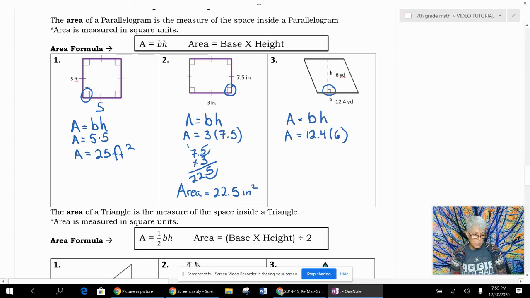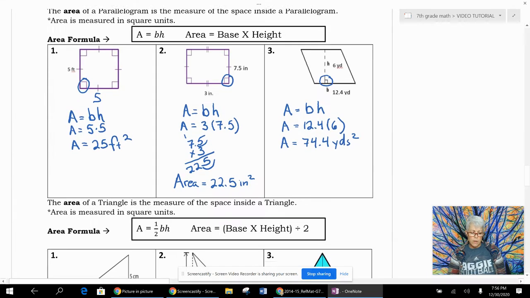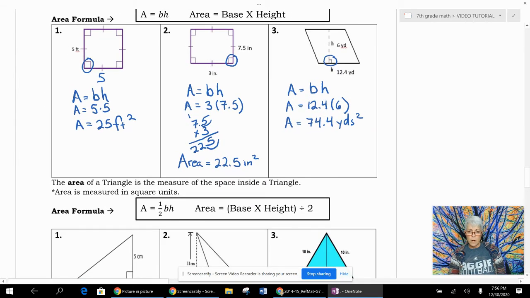And if I multiply these two together, I end up with 74.4, and that's yards squared. Easy peasy. Square, rectangle, parallelogram. B times H, B times H, B times H. The only thing you have to do is find the right angle and then multiply.